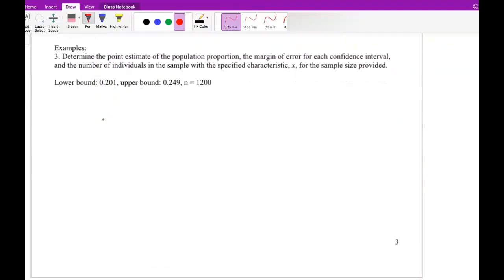Now example, determine the point estimate of the population proportion, the margin of error.